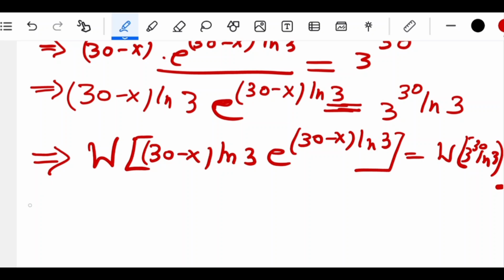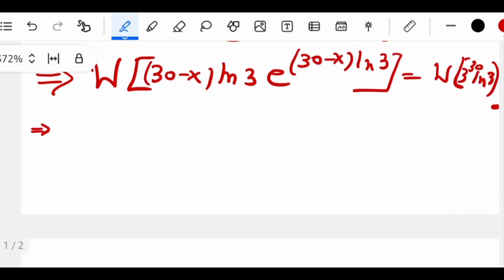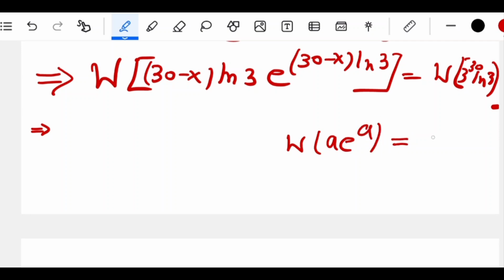Now as we know, W of a e raised to a is equal to a. So let this 30 minus x ln 3 be a.